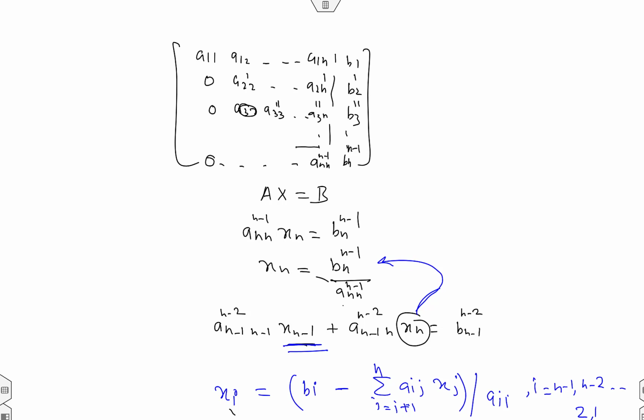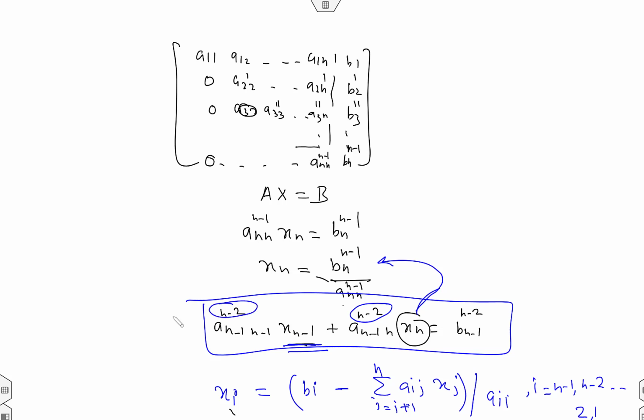Okay, so I'm writing it in general. This xi, I will take from the value n minus 1, n minus 2 and so on. If you put the value i equal to n minus 1, then you are getting this equation. This n minus 1, 2 is specific to the particular step, at which you are computing the value of x.